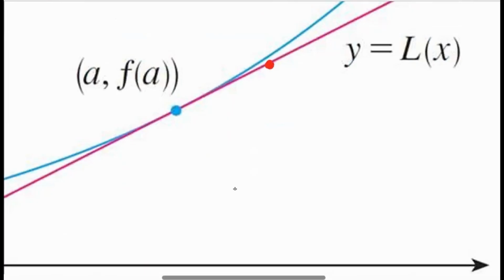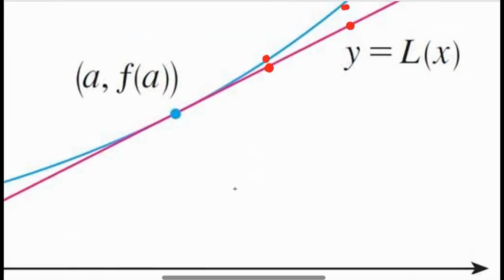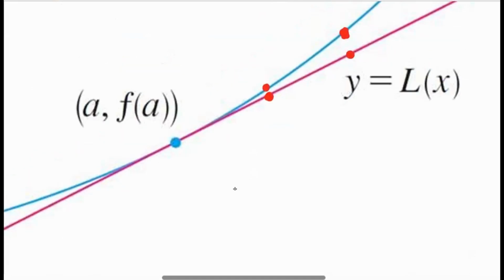You see there is a bit of a difference between the value on the tangent line and the actual value of the curve here. And as you go further, for example this point, you get a bigger gap. Generally speaking, when you go further and further, you are not going to get a good approximation.